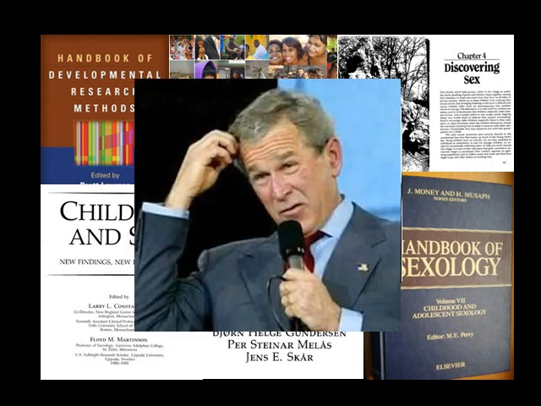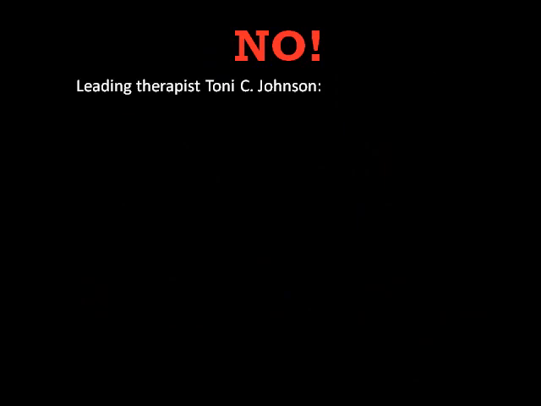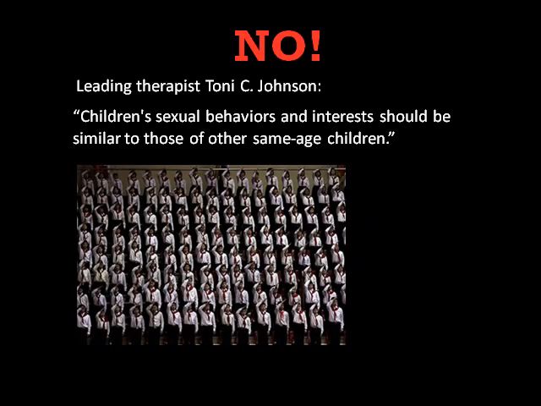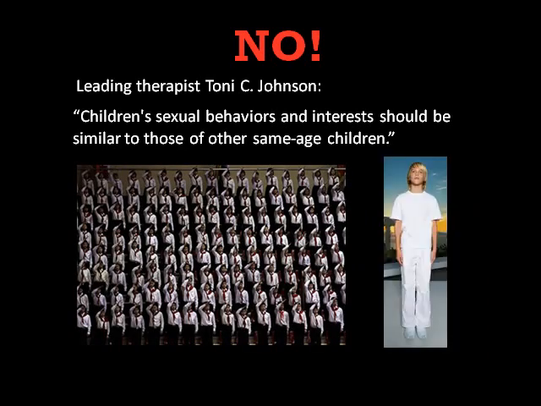Is it possible that sexual development is similar to other kinds of development, and that it may be natural for some children to behave in more sexually advanced ways than others? No, certainly not. The therapists assure us that there is no variation among normal children, except that many exhibit no behavior at all, which is the healthiest.